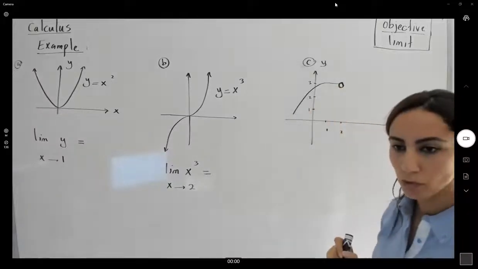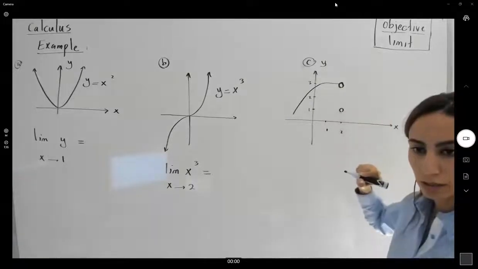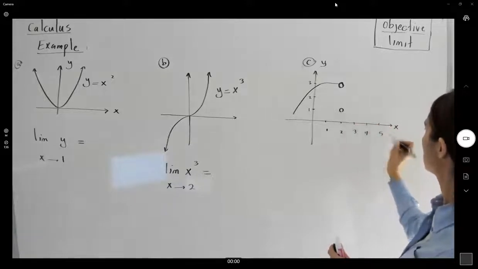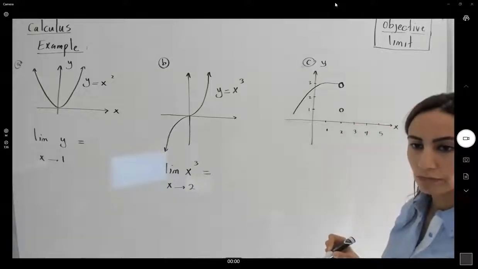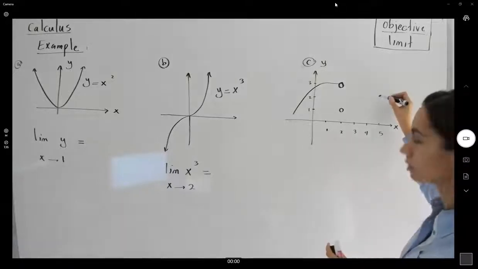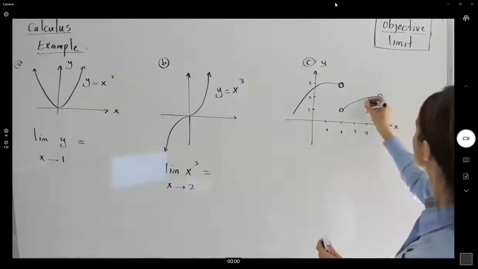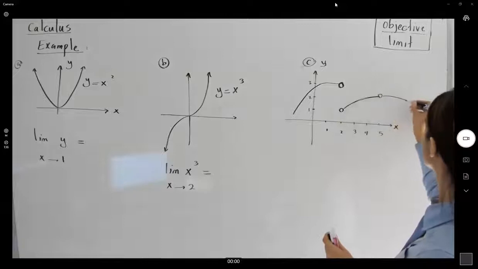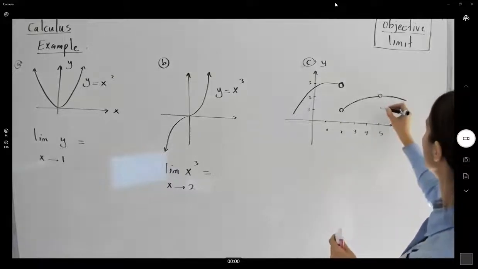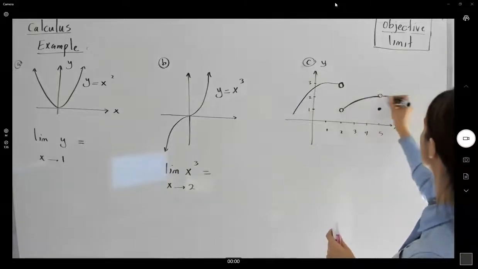And then you have another point which is not on the graph. 3, 4, 5. And here you have another hole in the graph. Okay, and we have a point here. So this is your crazy looking function.